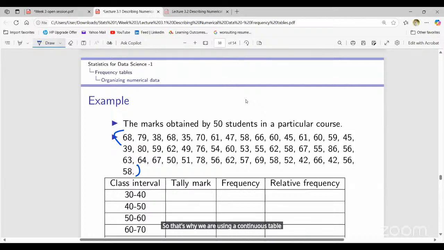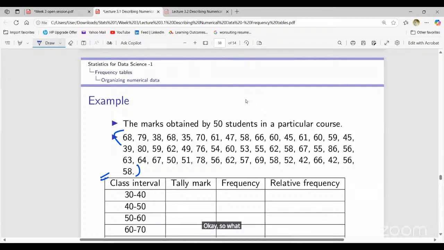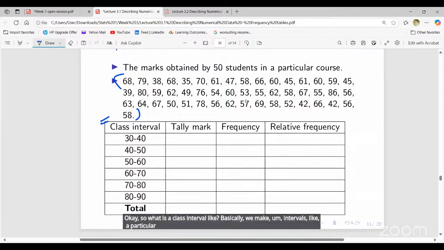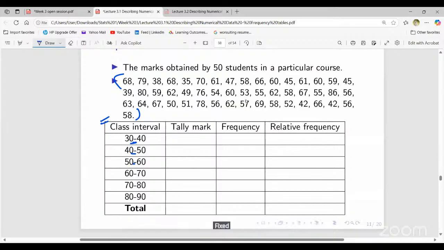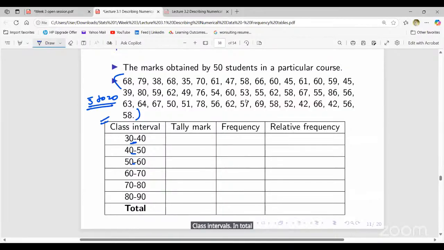In that we make class intervals. So what is a class interval? Basically we make particular intervals with a fixed class width. In total we can make 5 to 20 class intervals.